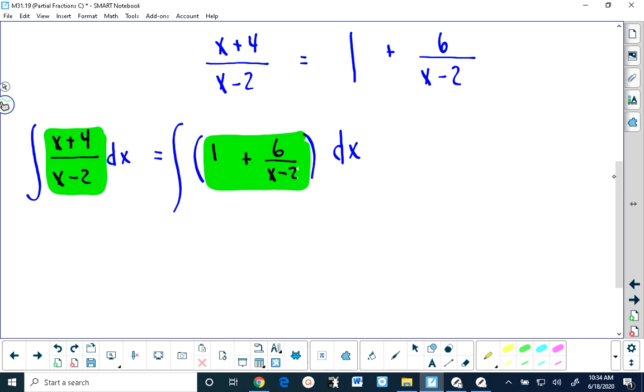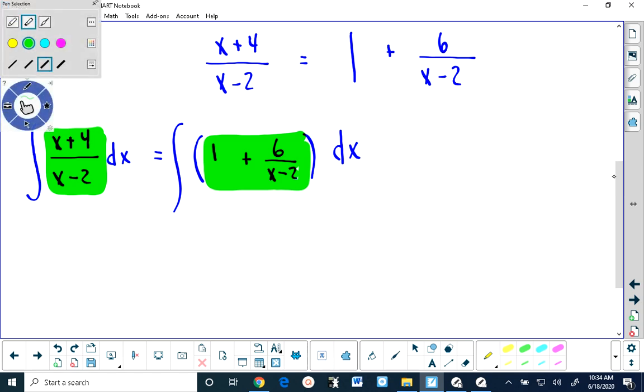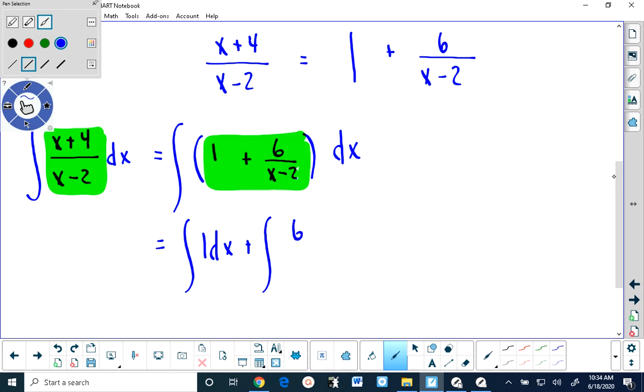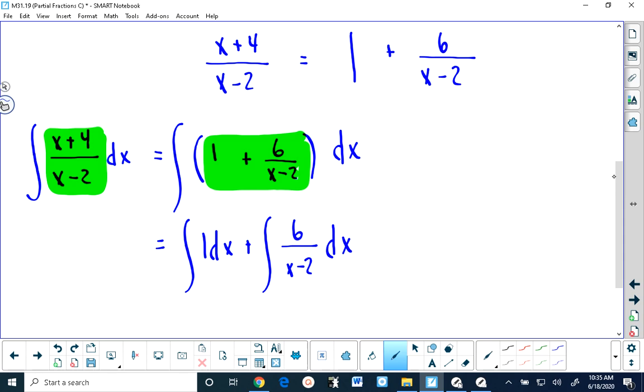If you wanted to, you could take 1 plus 6 over x minus 2, find a common denominator to add those two together, and what you would discover is that you end up getting x plus 4 over x minus 2. And when we take a look at this integral, I'm going to write it as the integral of 1 dx plus the integral of 6 over x minus 2 dx so that I can make a point in the next example.